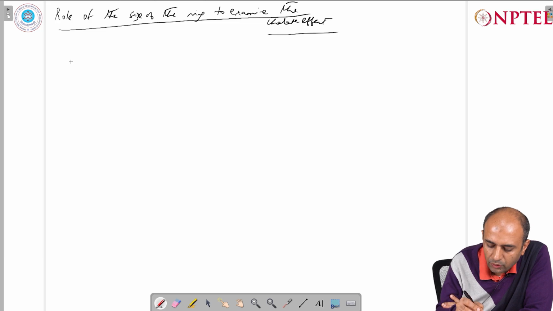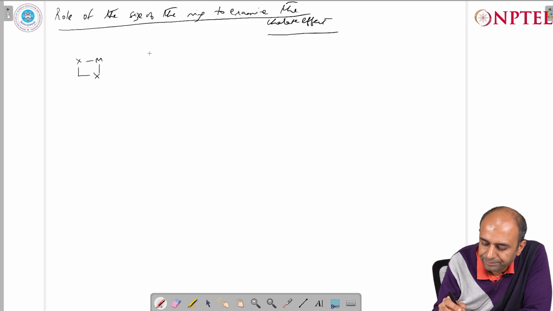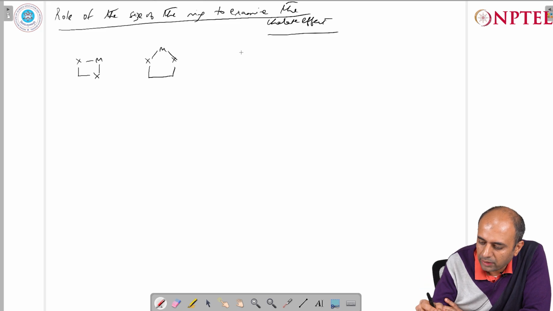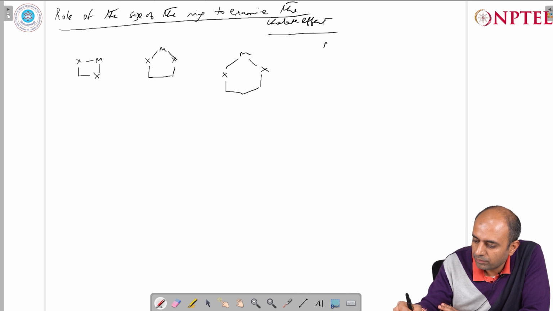And here what we can see is that you can have, for example, a 4-membered ring, a 5-membered ring, a 6-membered ring, one, 2, 3, 4, 5, 6, 7-membered ring, and so on and so forth.